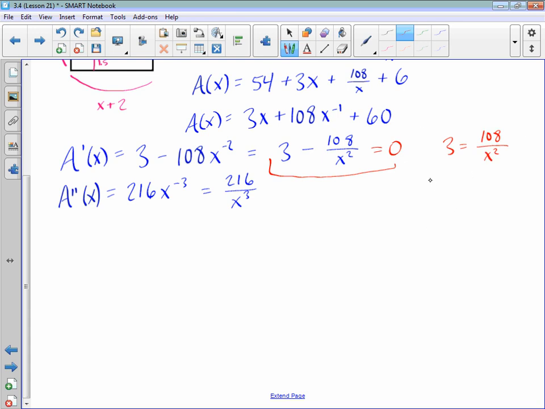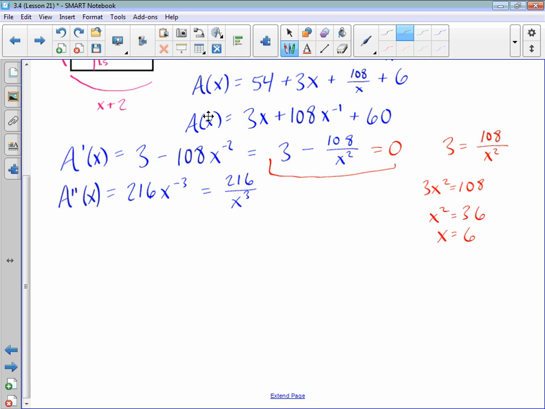And then cross multiply. So I have 3x squared equals 108. So x squared is, so x has to be 6. And negative 6 doesn't make sense here, right? That's part of your feasible domain, which we didn't write out, but we should be able to do that mentally. Okay, so our x is 6.